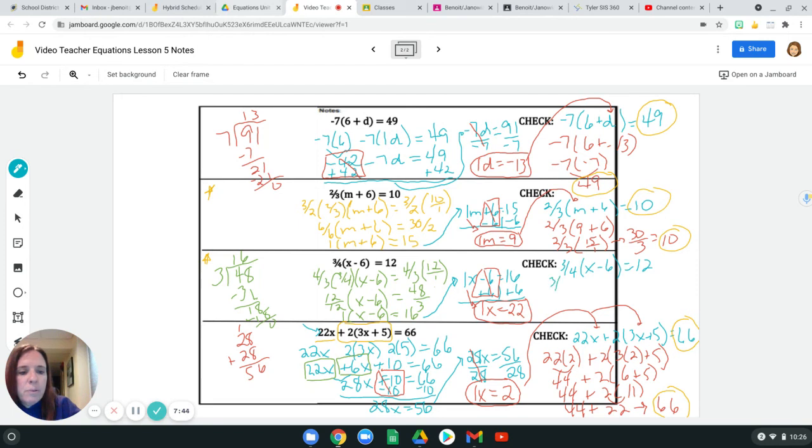All right, so I'm going to do 3/4. Oh, Mrs. Benoit, change your color. Because now I'm doing the substitution, aren't I? And I'm taking that 22 and putting it in for x. So I have 3/4 times 22 minus 6.